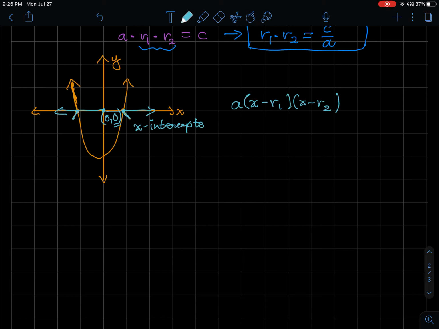Actually, we're trying to find x here when we have the roots, but we do know the y-coordinate, which would be 0, right? So this equation is what we use to solve for the x-intercepts, zeros, or roots.